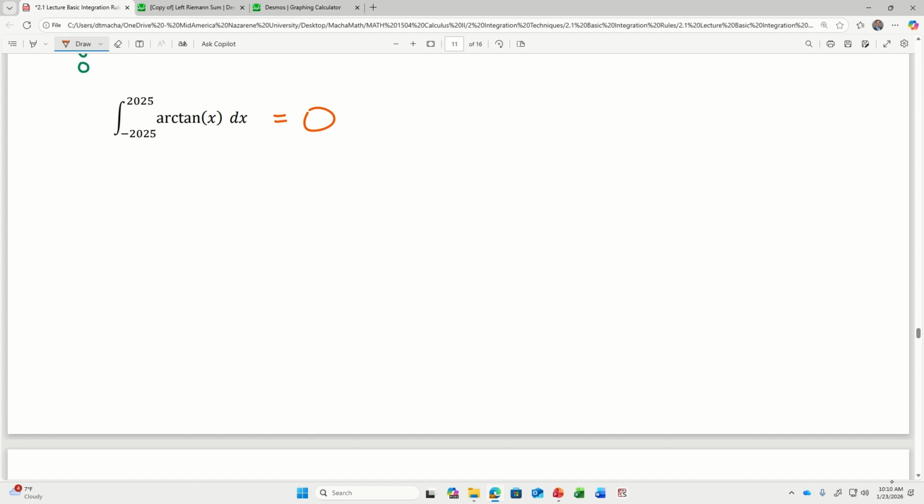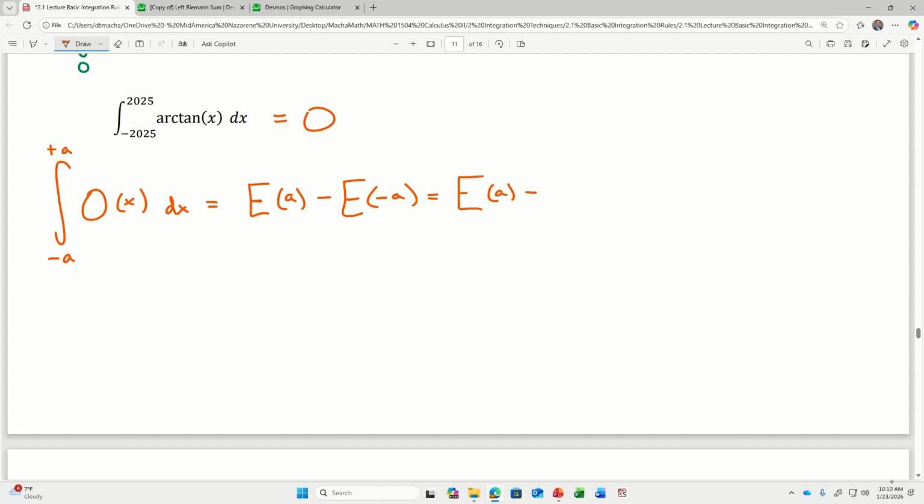And the reason this will always, always work is because if I have an odd function, I'm going to take its antiderivative, and I'm always going to end up with an even function. So I take the antiderivative and I plug in the upper bound, and I subtract what I get if I plug in the lower bound. What it means to be an even function, though, is if I plug in negative a, it's exactly the same as if I were to plug in positive a.